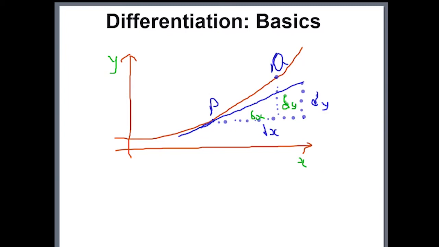So we reserve the notation dx and dy for the differences in x and y values of the position of 2 points on a straight line, particularly for a tangent. The quantities dx and dy are called differentials.